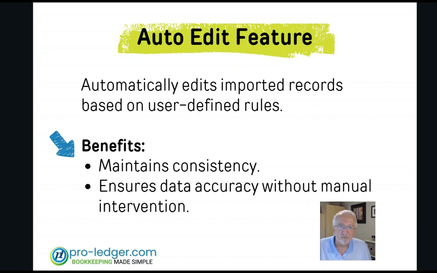For example, if the vendor is SO, make it an automotive gas expense every time, or that sort of thing, and you can greatly speed up your bookkeeping entry process, and also reduce errors by using auto edit. So watch the video on auto edit in our FAQ page.